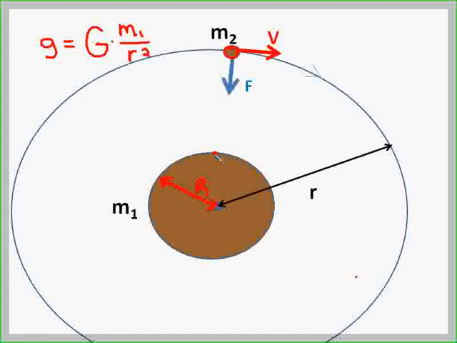Folks, check this out. If you want to find the acceleration due to gravity on the surface of the planet, look at this r right here. Basically, lowercase r from the center of m1 to the center of the path of m2, what is that lowercase r going to do?